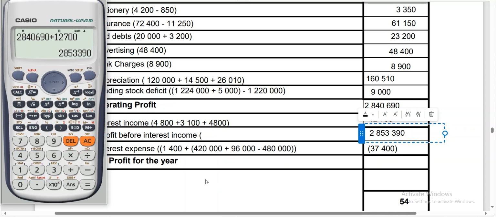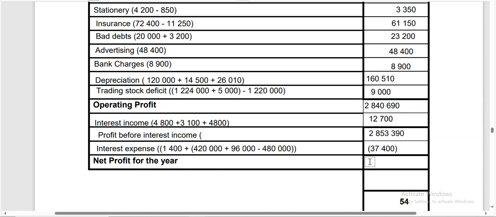Then if we subtract this answer minus 37,400, it is giving us 2,815,990.